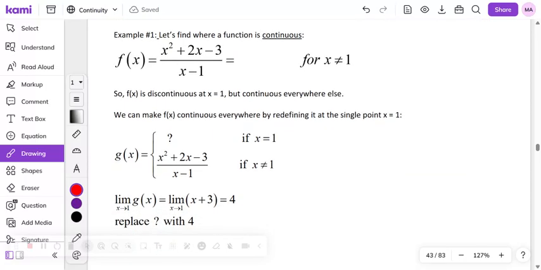So example 1 says, let's find where the function is continuous. And I'm giving you this function for all x values not equal to 1. Well, I would imagine you're looking at this and you're saying, hey, I can factor that. So let's factor this. And we know x can't equal 1 because that would give us 0 in the denominator.